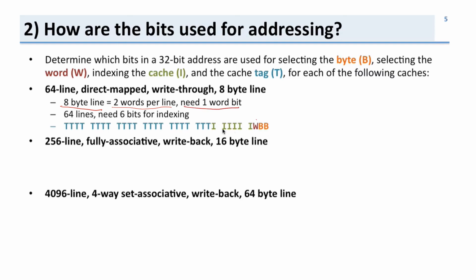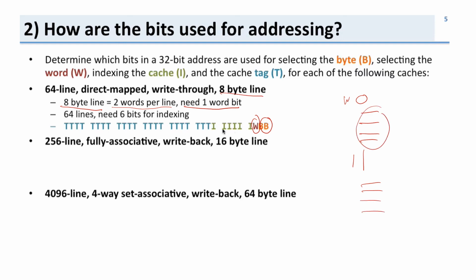Why are there 2 byte bits? Since it's an 8-byte line made of words, this is word 0 and this is word 1.